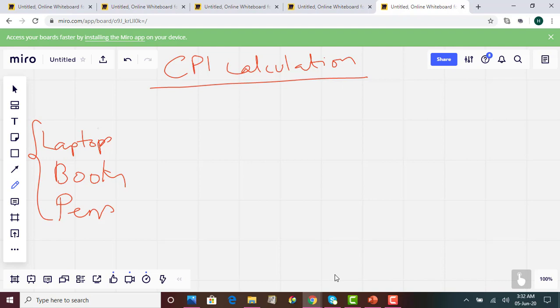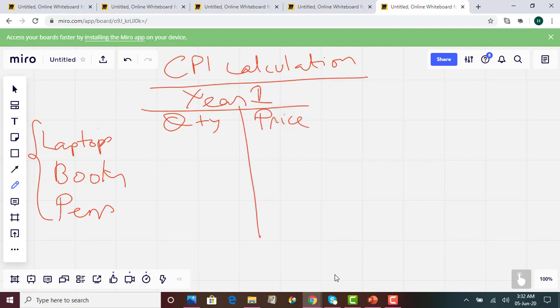For whatever reason, let's say we are looking at the education sector, which is why we took these items. Again, this is your basket of goods: laptops, books, and pens. Then you're given year one quantity and price.